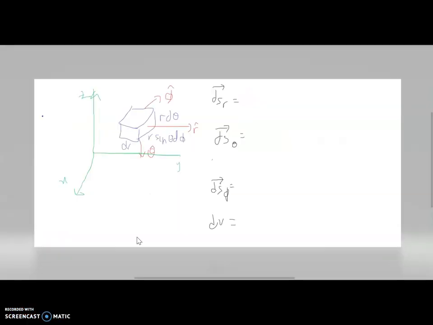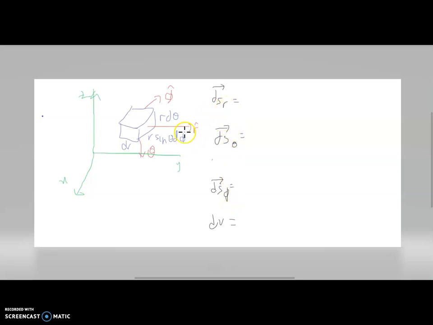Next, we're going to see how to evaluate the differential normal surface. Here we can see the normal is in the direction of r. This one is the normal direction in theta and the normal direction in phi.